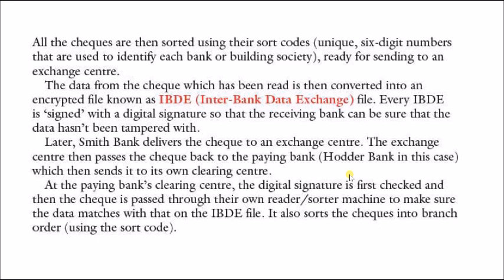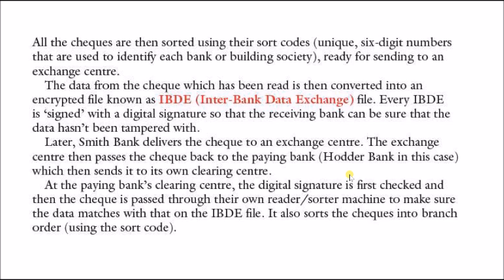The data from the check, which has been read, is then converted into an encrypted file, which is called IBDE, Interbank Data Exchange file. Every IBDE is signed with a digital signature so that the receiving bank can be sure that the data has not been tampered with. Nobody has hacked or changed this data.